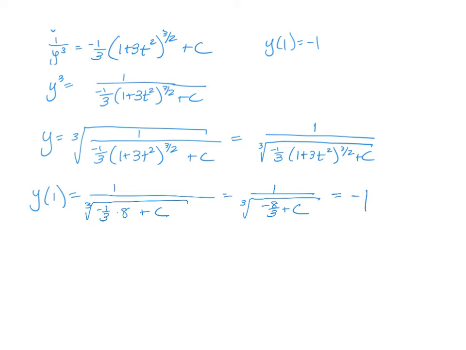So I just have to solve this. I'm going to multiply both sides by the cube root, so I get 1 equals negative cube root of negative 8/3 plus c, and I'm going to cube both sides.